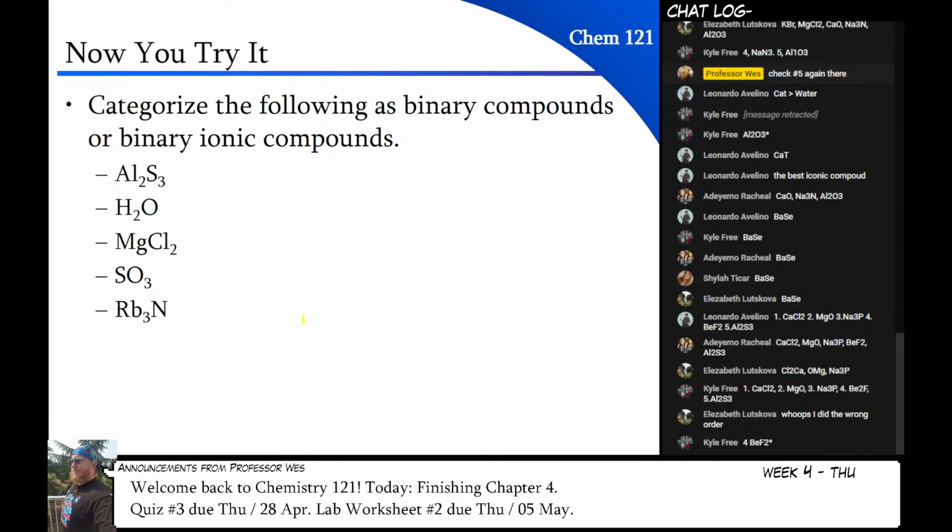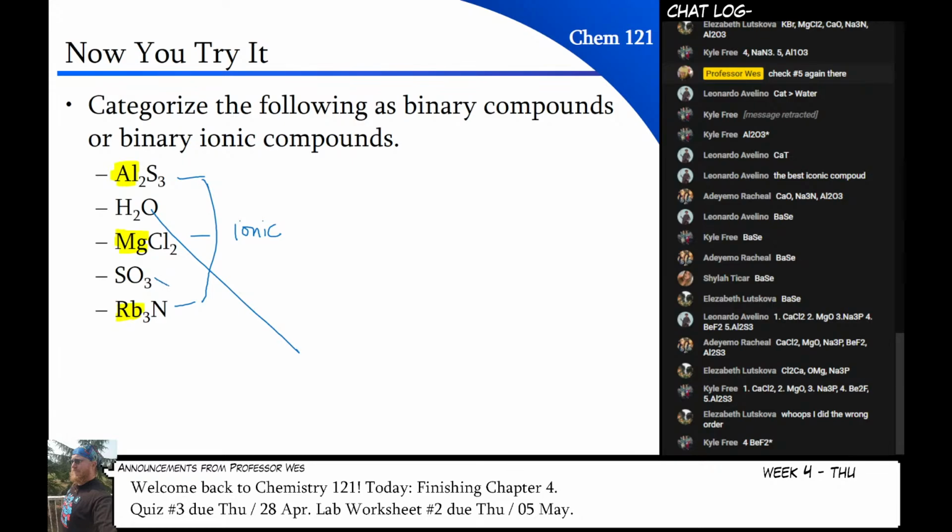All right. So I have a bunch of these. And because this is trivial and I only have about 20 minutes to go, I'm going to just highlight all the metals. So this is a metal. This is a metal. This is a metal. So if a metal is present with a nonmetal, these are ionic.